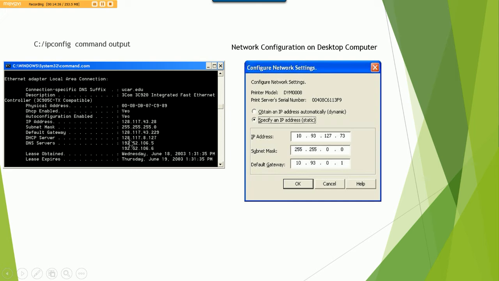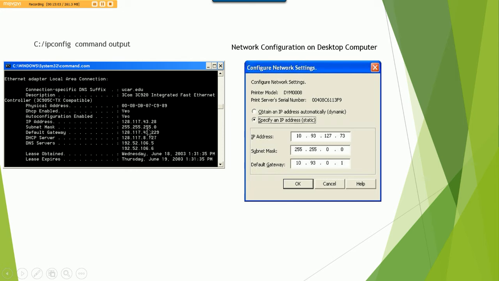Now we have a DHCP server which actually supplied this information to this computer. He is on a different network. He's on the 128.117.8.127 network. The reason why we know he's on another network is because we have a /24 network here for the host, this computer, and the default gateway.